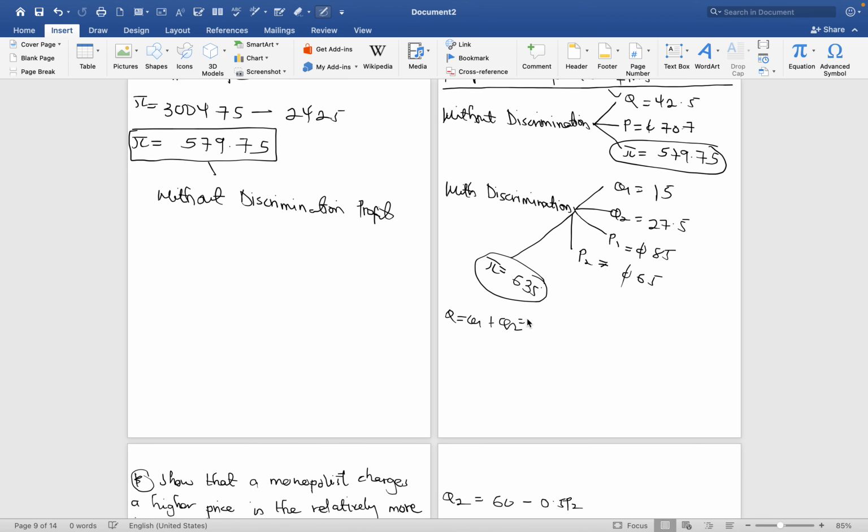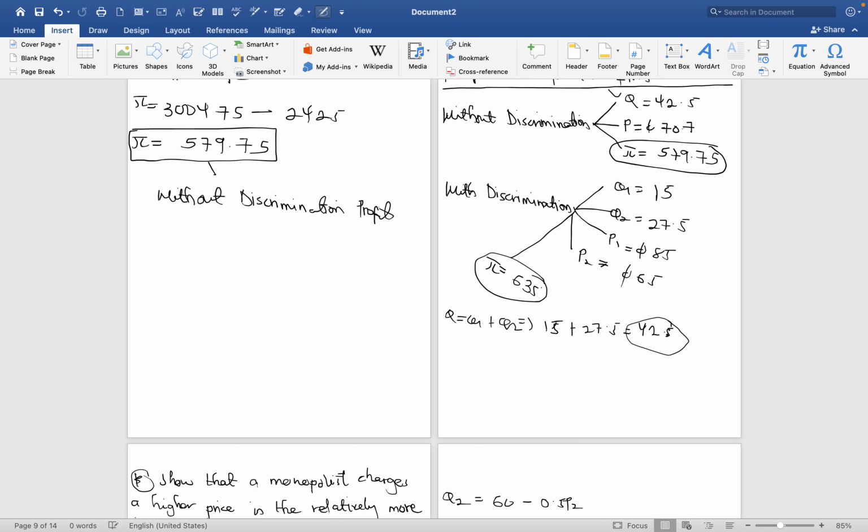So if we do it, 15 plus 27.5 would give us 42.5.